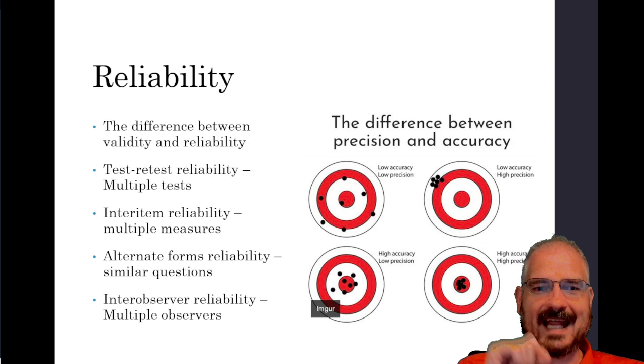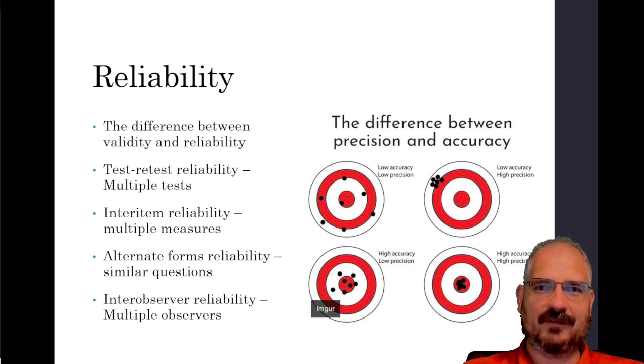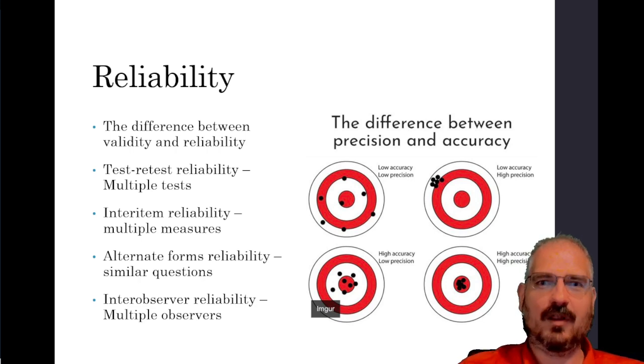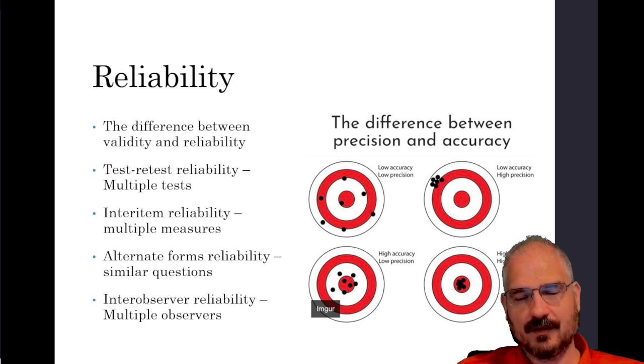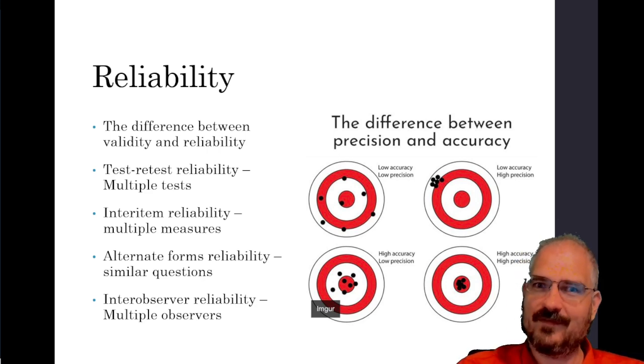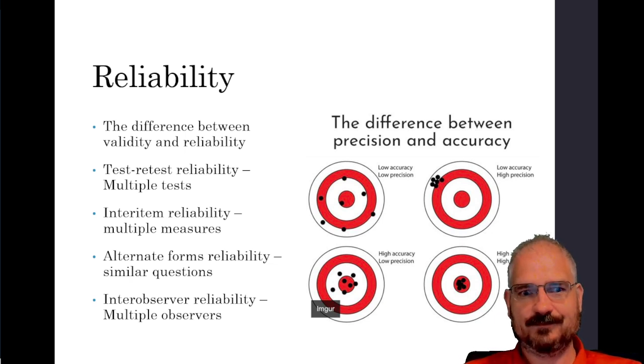You can do what's called test-retest reliability. That means we do some measure, wait a while, and then do the measure again and see how closely those match up. If we have good test-retest reliability, they'll give us either the exact same number or a very similar number every time we do the measure.